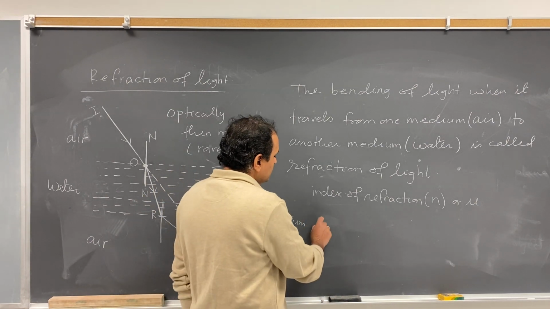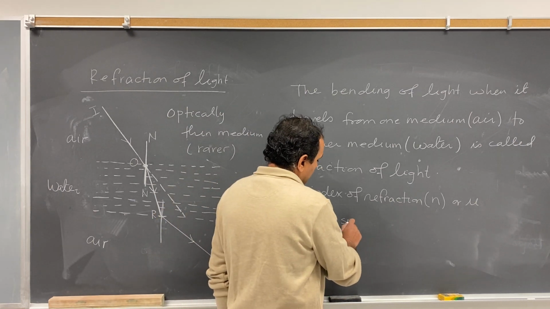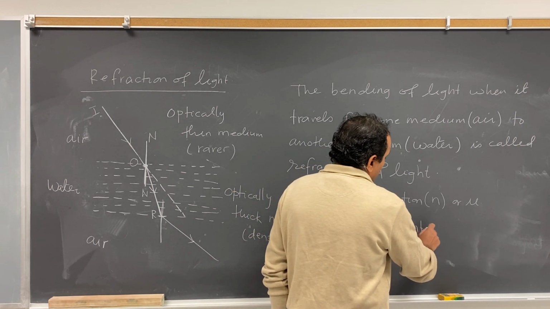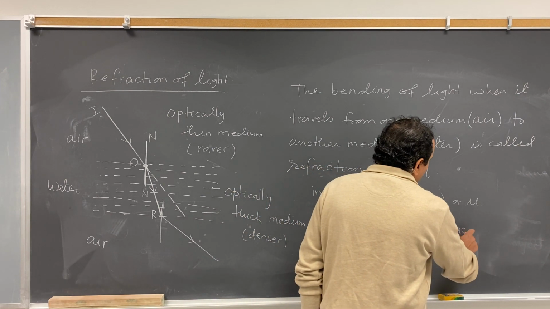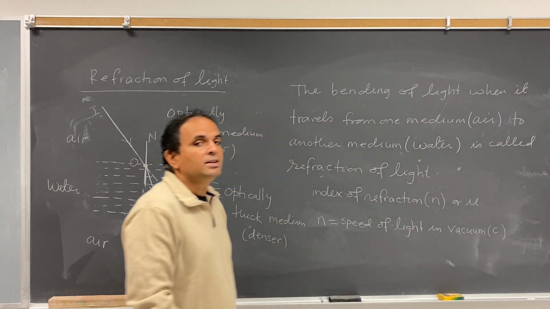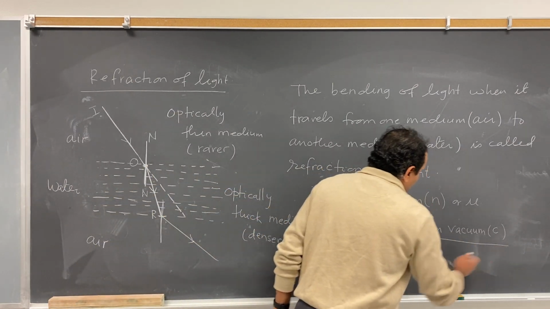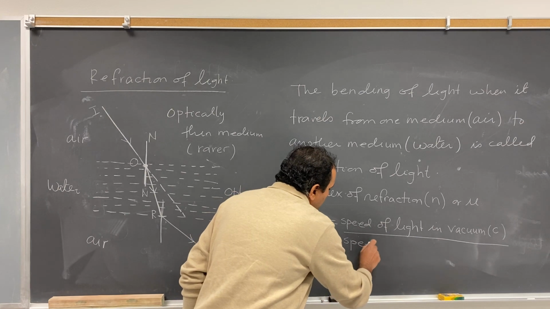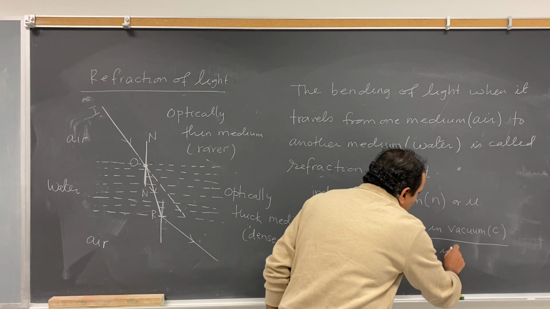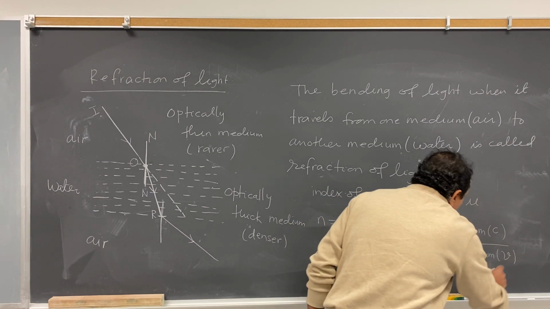Okay, index of refraction. So what is index of refraction? n is simply speed of light in vacuum, which we denote by c, divided by speed of light in medium, v.